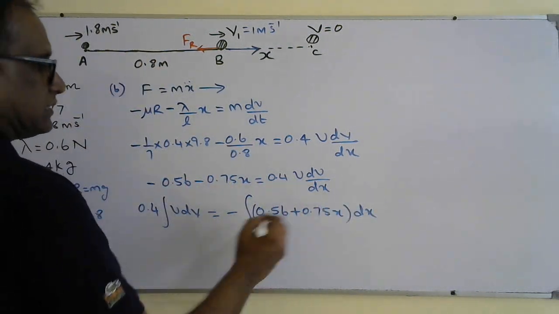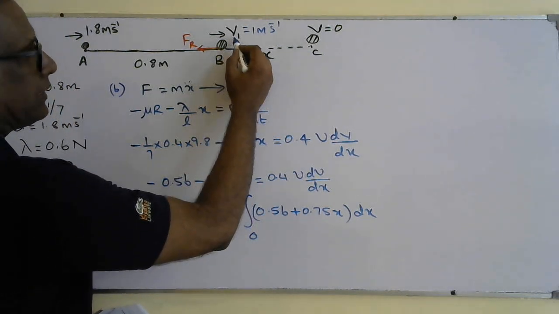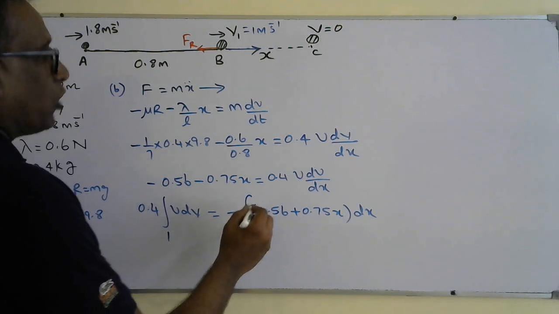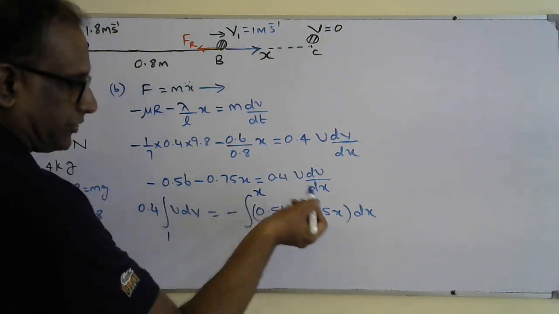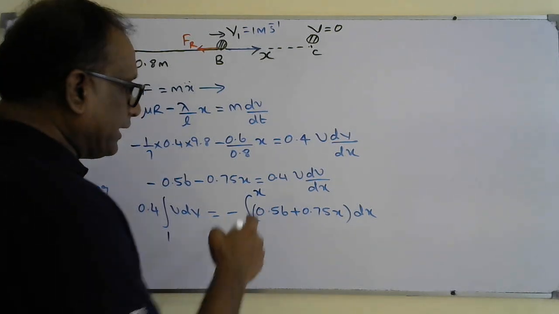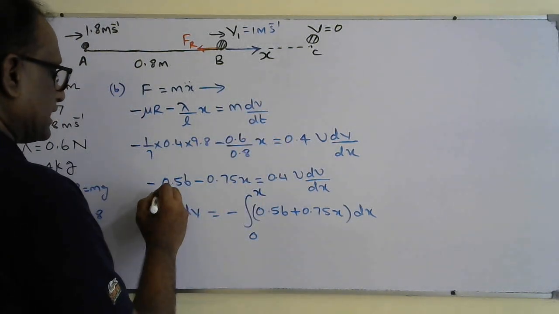So when x equals 0, the speed is 1 meter per second, careful with the limit. When x equals x, we need to find the extension. So x equals x or x equals symbol e we can put. When x equals e, the speed becomes 0. It comes to rest here, the question says.